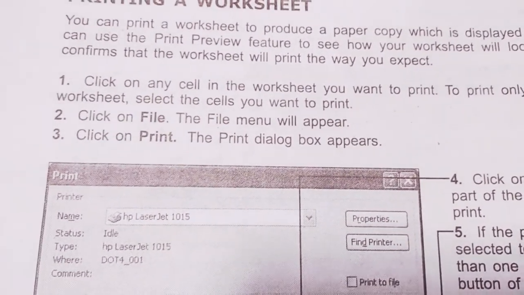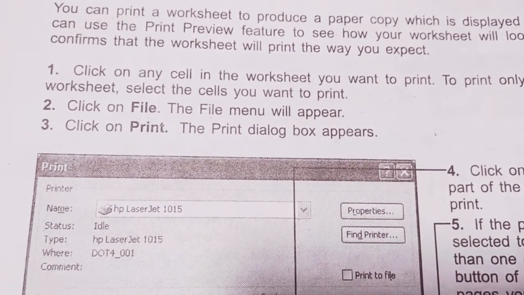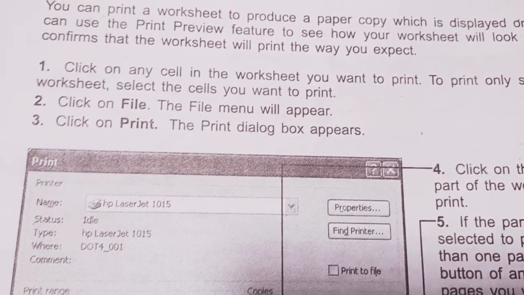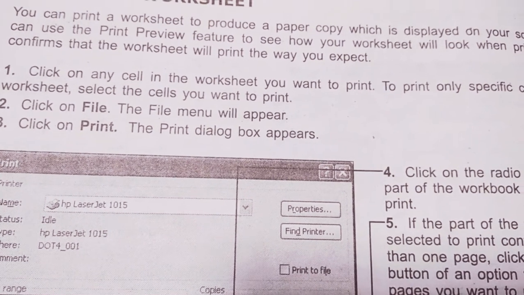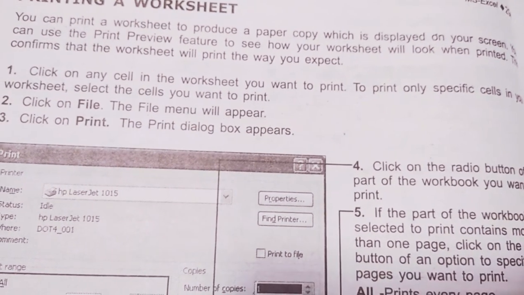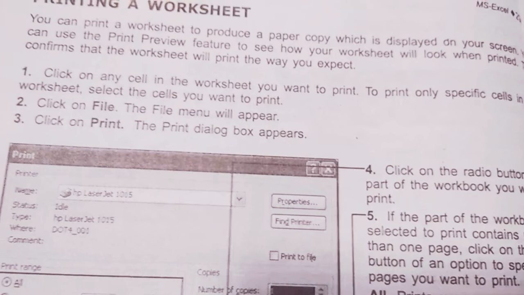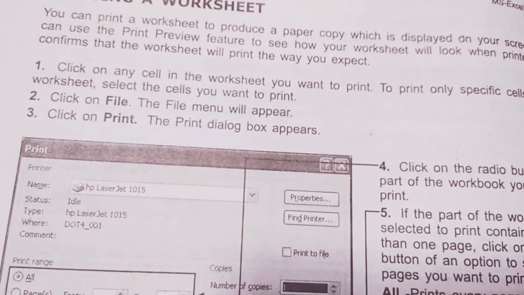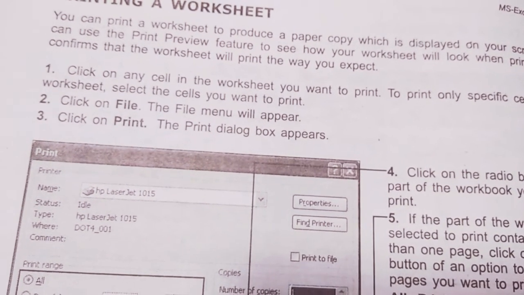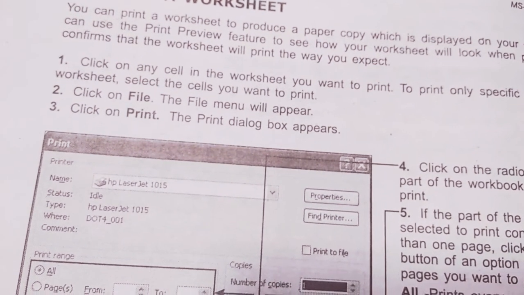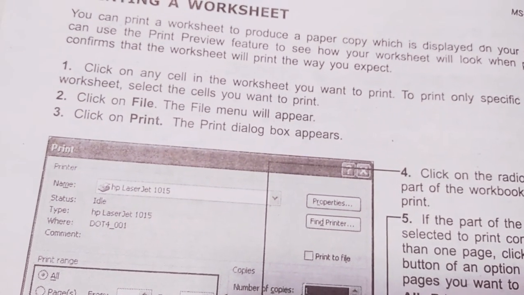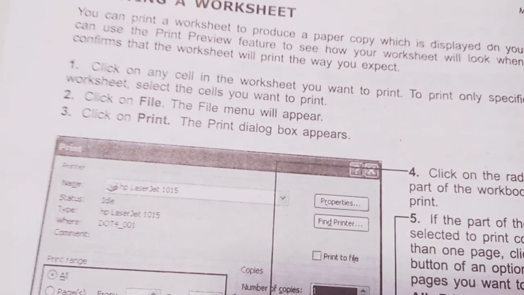Number 1, click on any cell in the worksheet you want to print. To print only a specific cell in your worksheet, select the cell you want to print. Click on File. The File menu will appear. Click on Print. The Print dialog box appears.